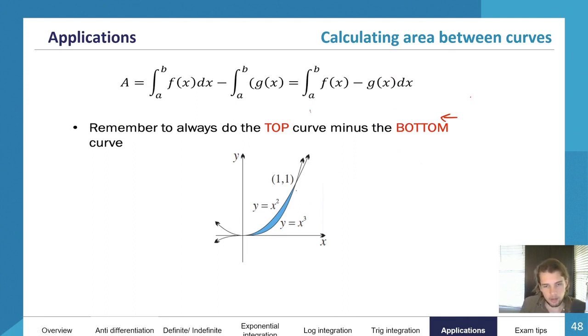So first we need to find where they intersect. We're going to assume that they intercept at 0, and they also intercept at 1. So we're just going to use the area between 0 and 1 here. And x squared seems to be the line on top. So we're going to do x squared to get this top area.